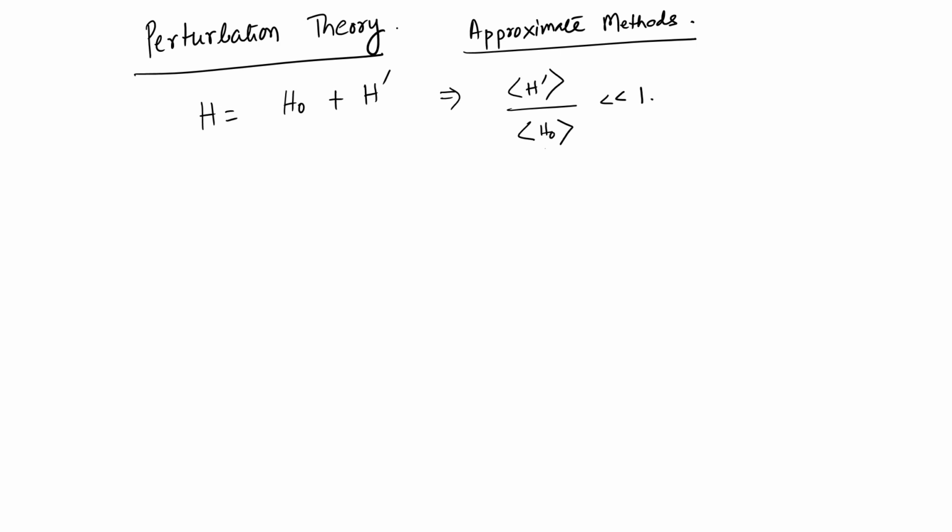The answer is that we are still using the eigenfunctions of the unperturbed problem, that is those of H naught, and the reason that they work is that the perturbation does not take you far away from the unperturbed problem. If it does, then of course perturbation theory will not work. But it works in most cases where the strength of the perturbation is small.